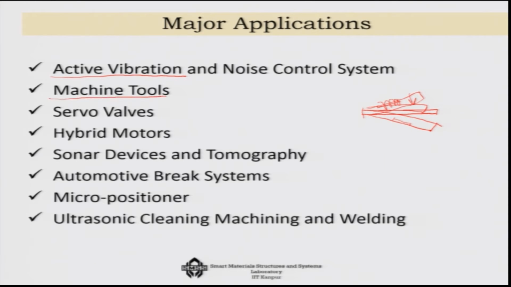This essentially forces the situation back to the neutral location. Machine tool chatter can be controlled in a very similar manner. It is also used in servo valves, on-off type valves, hybrid motors, sonar devices, which I have already told you about, automotive brake systems and micro positioners very similar to servo valves, and also for ultrasonic cleaning of machining, where you need to generate high frequencies.